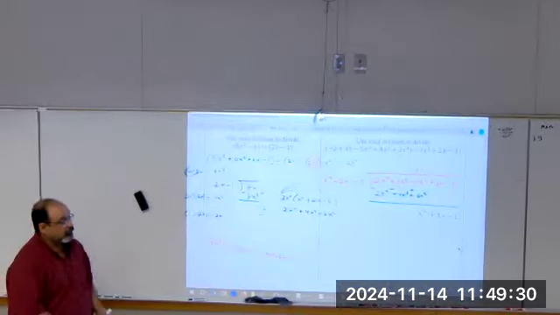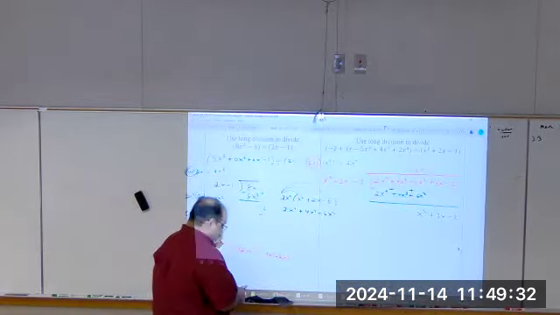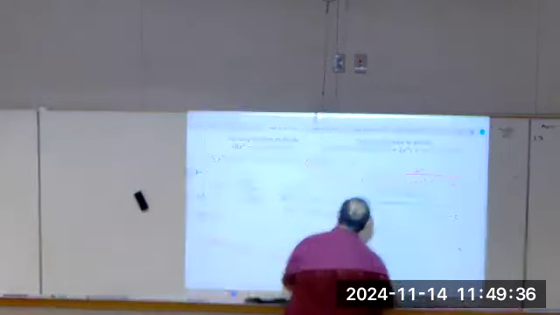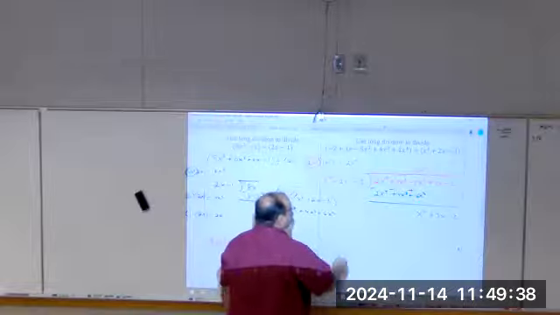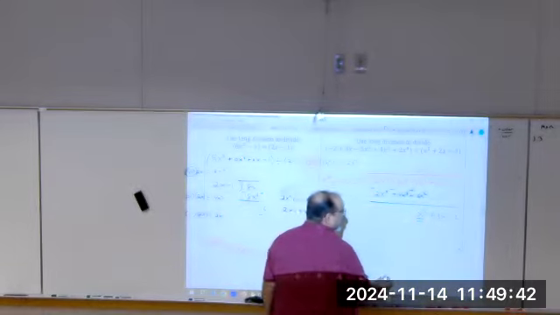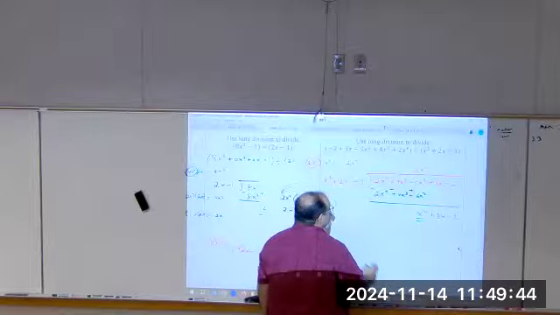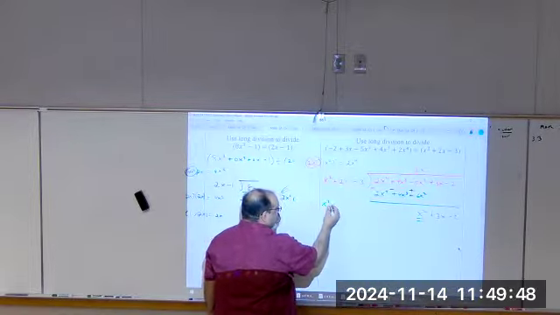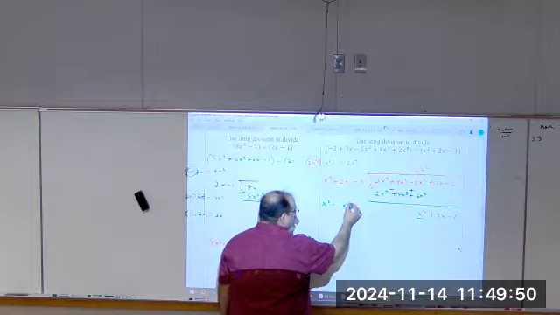Think. Perspective. You have x squared, and all you want to make is x squared. So you have x squared. And you want to make x squared.